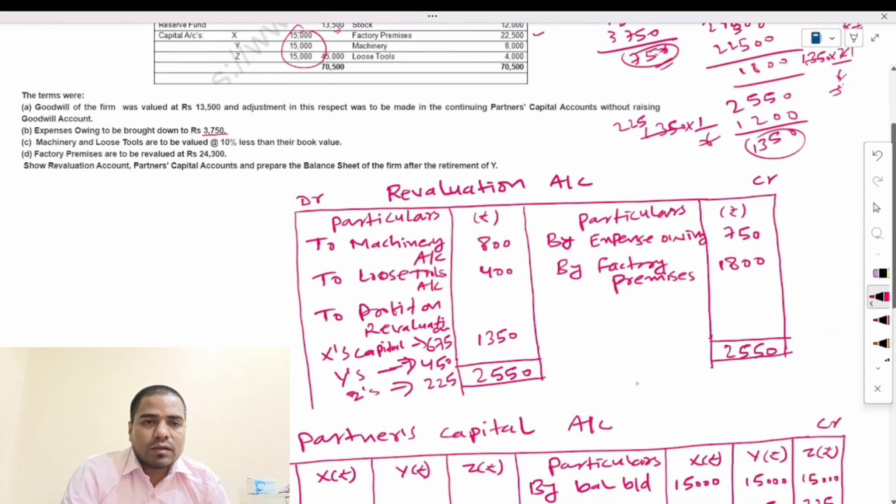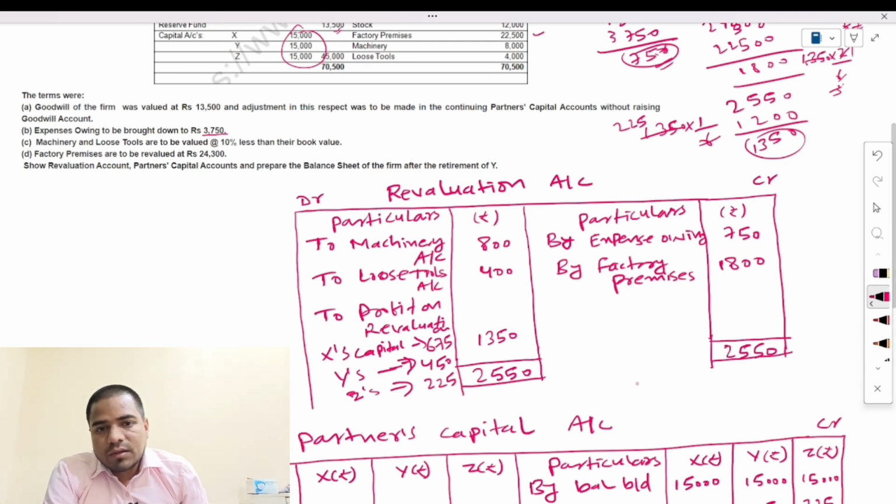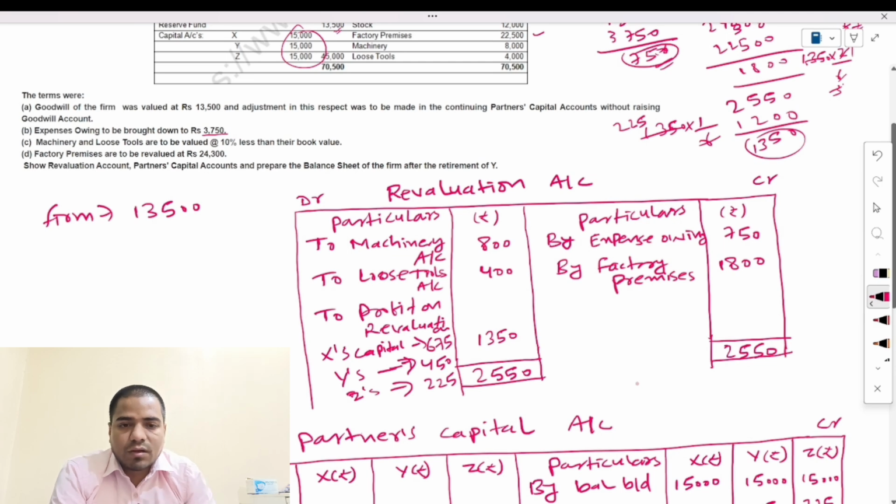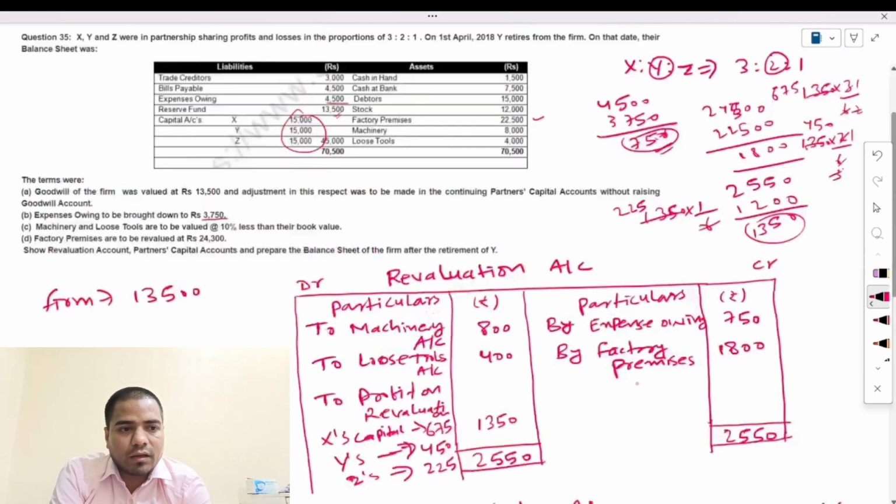Now we have to make an adjustment entry for the goodwill. The firm's goodwill was valued at how much? 13,500. This is the firm's goodwill, 13,500. We have to find out the share of goodwill of the retiring partner. Who is retiring here?